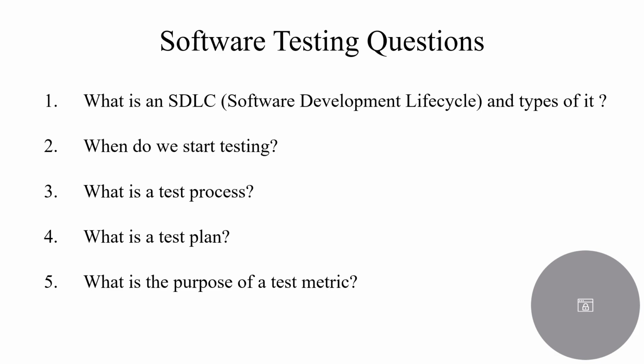Okay, then lastly, what is the purpose of a test metric? So for example, when you're doing something, you need to be able to track what you're doing, and that's where test metric comes in. So test metric itself is mainly like a test update report. Okay, it's manually created sometimes, and sometimes it's created using a test tool.